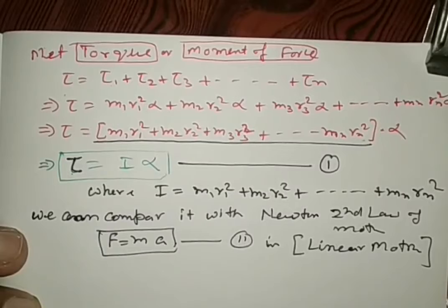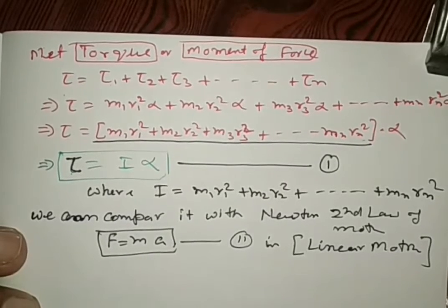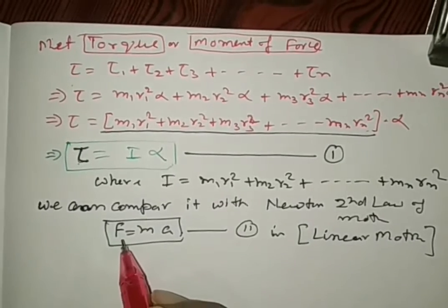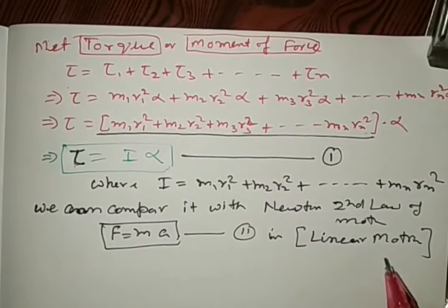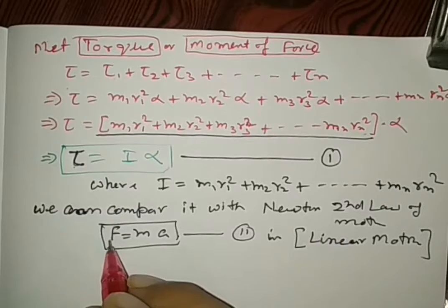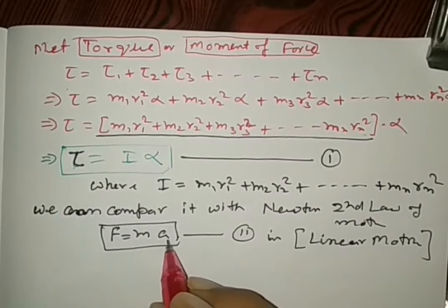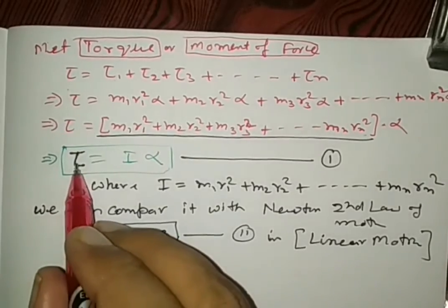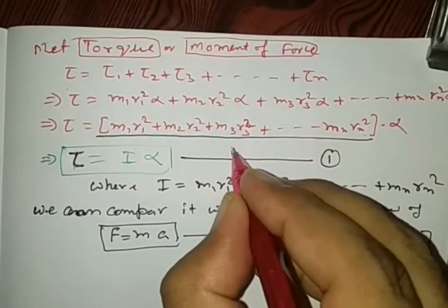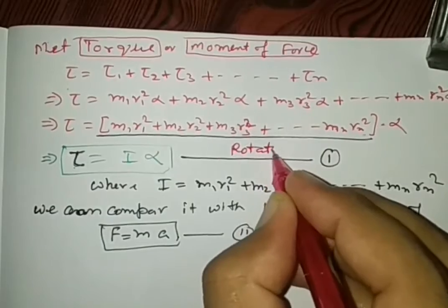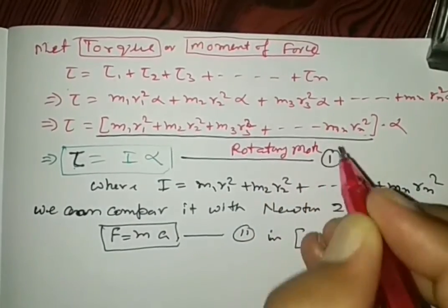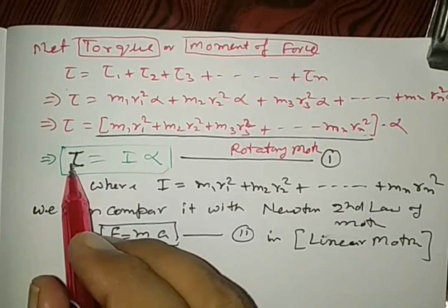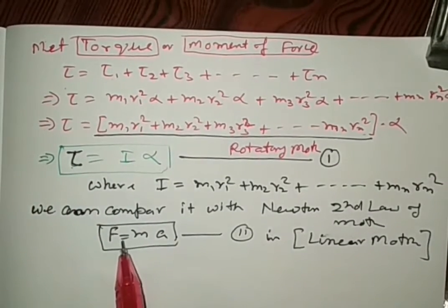See very carefully, students, what is the physics behind it. In translational motion, or motion in a straight line, Newton's second law of motion is force is equal to ma. Similarly in rotatory motion, torque or moment of force plays the role of force in linear motion.